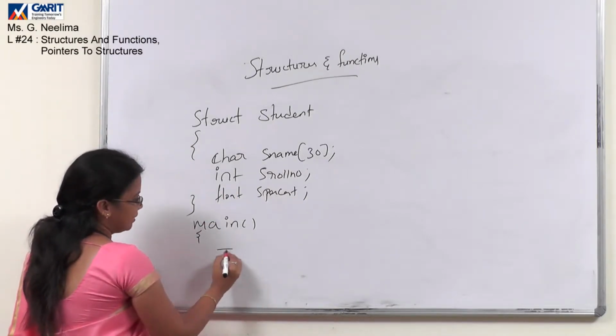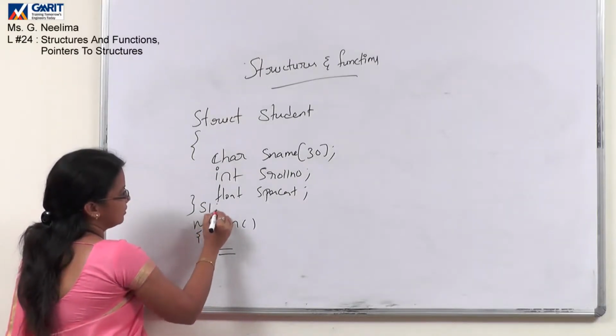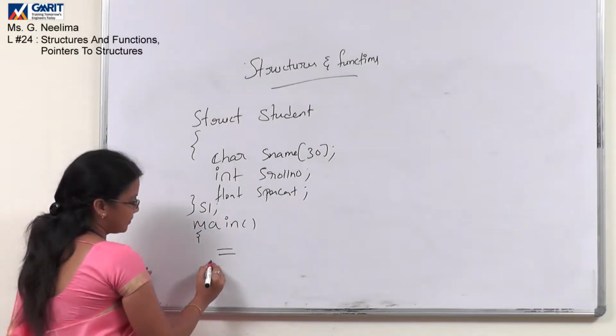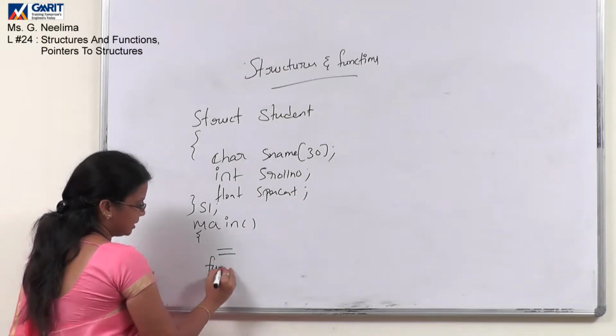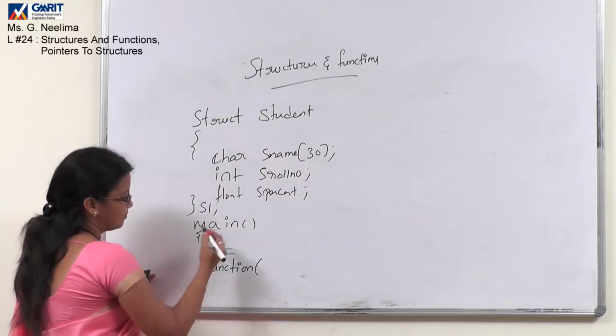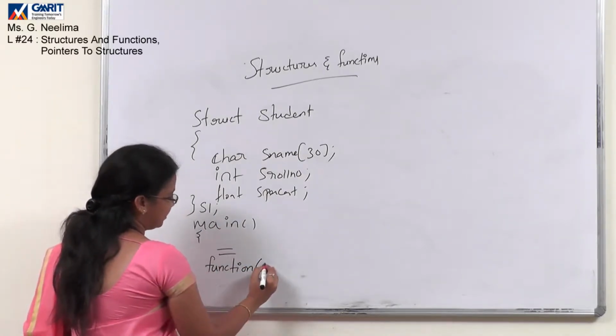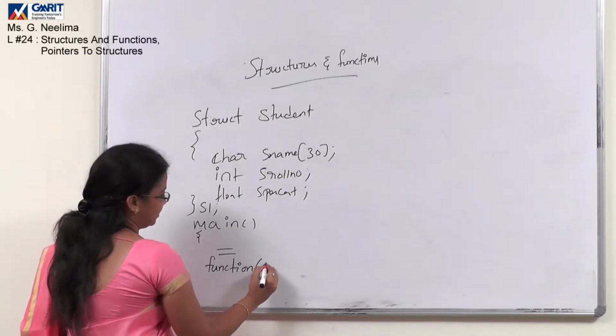In this particular main function, this is a structure variable and I am taking one function here. In this function I am passing the structure. It may be like this.